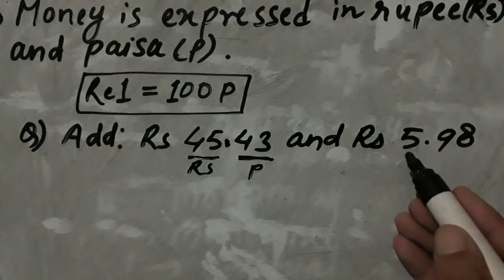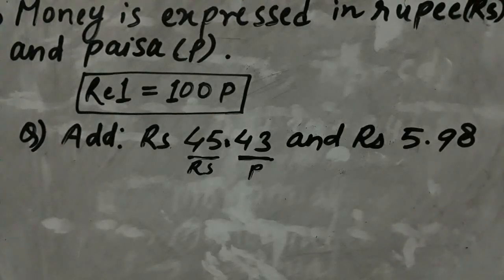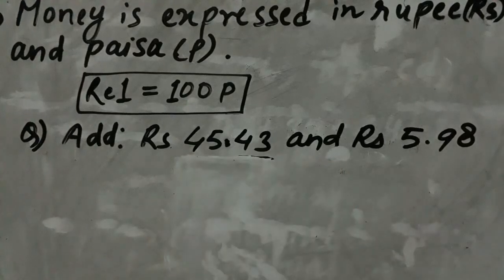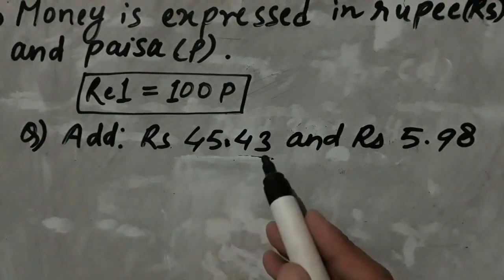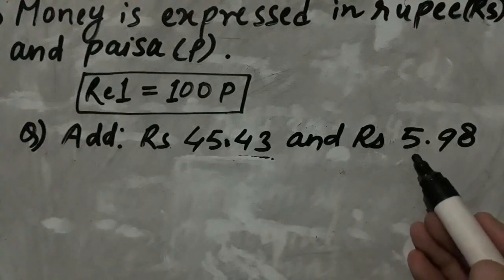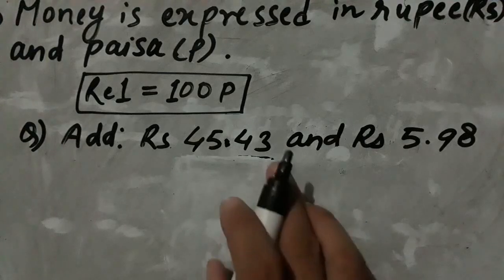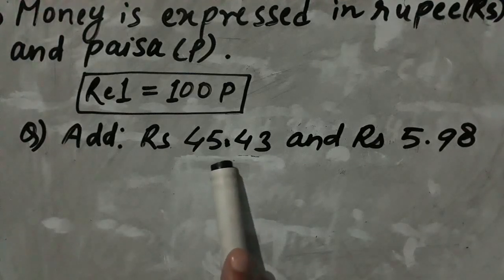So it is 5 rupees 98 paisa. So students, now let's do the solution. So we have to add 45 rupees 43 paisa and 5 rupees 98 paisa. So students, while adding, always keep one thing in your mind, as there is decimal.